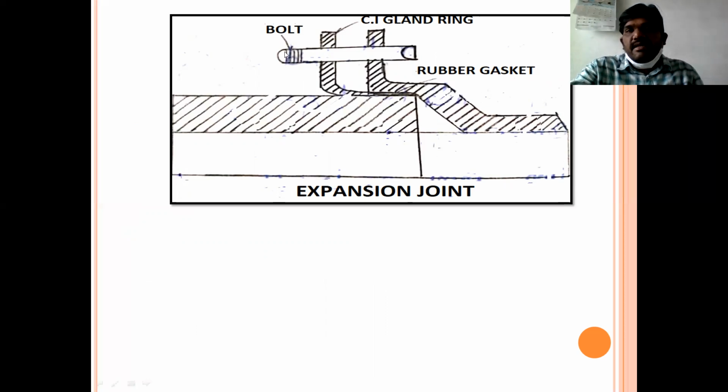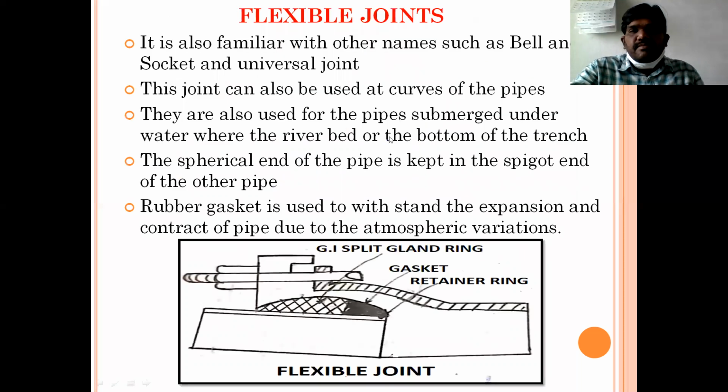See here, the bolt is kept to tighten the joint so that it is leak proof.